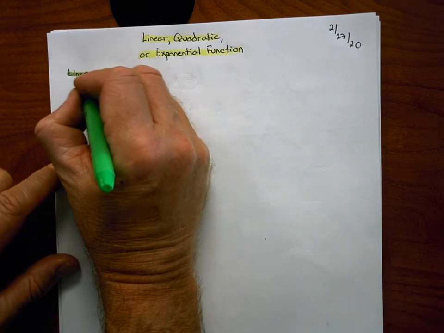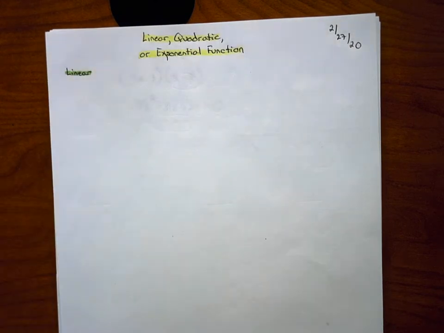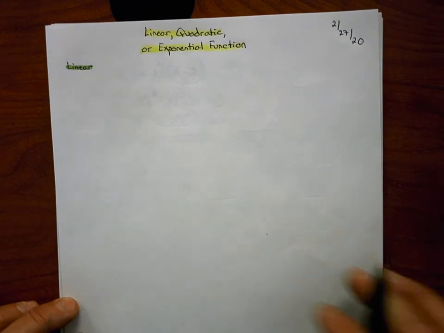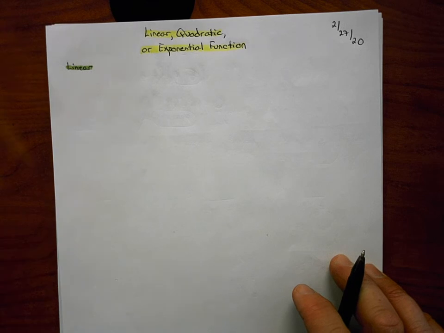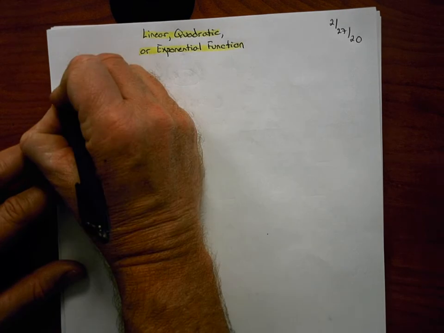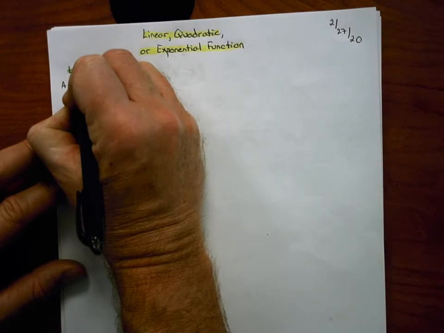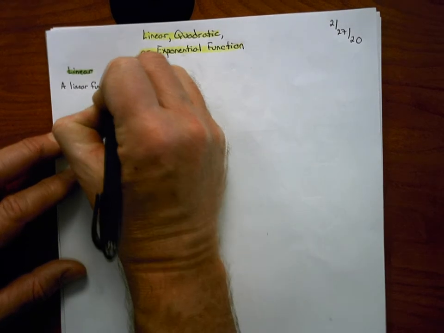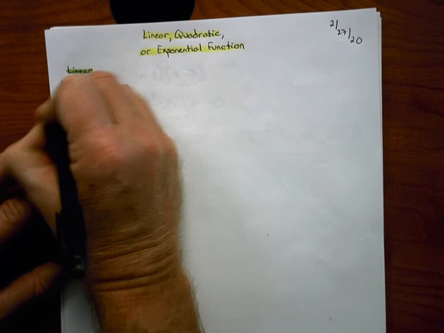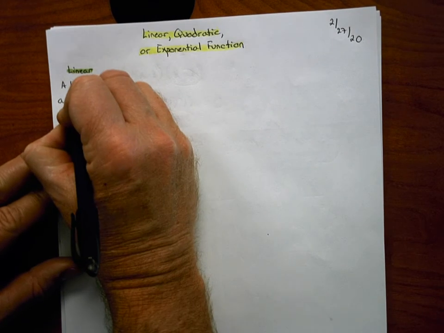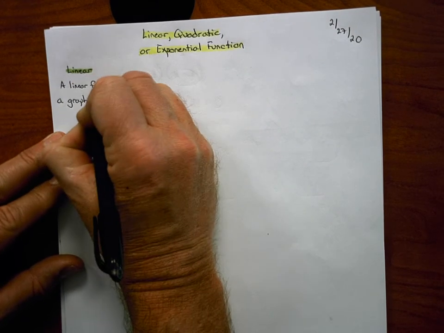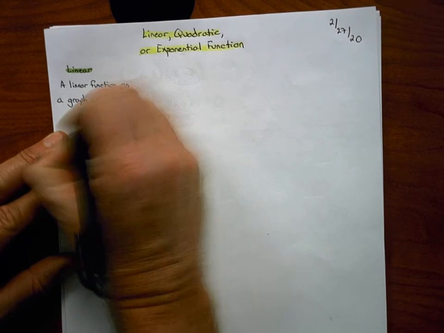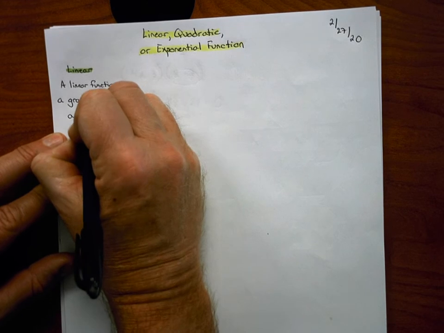If I were to take a linear function and put it on a graph, what would the graph look like? A line. Very good. A linear function on a graph will make a line.